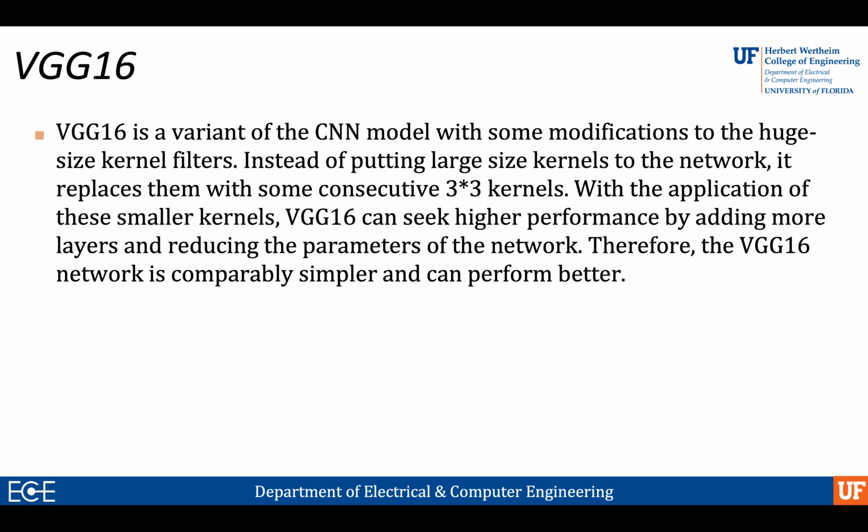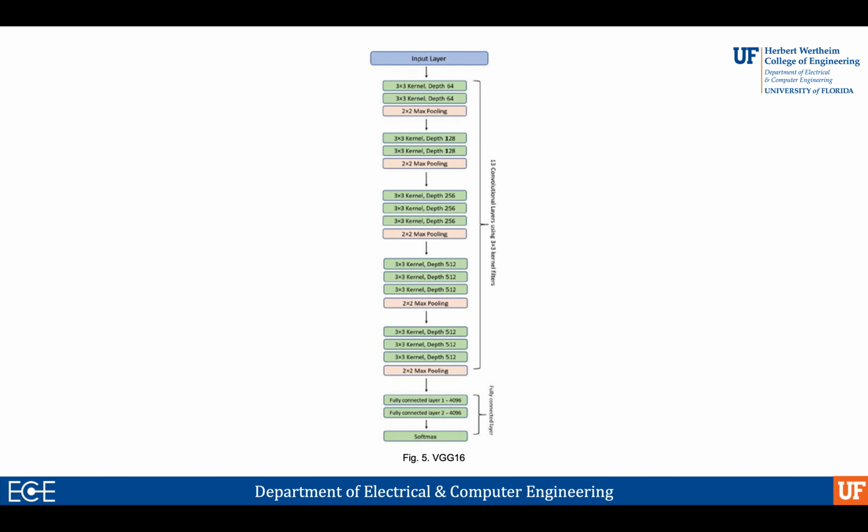With the application of these smaller kernels, VGG16 can seek higher performance by adding more layers and reducing the parameters of the network. Therefore, the VGG16 network is comparably simpler and can perform better. Here is the structure of VGG16.